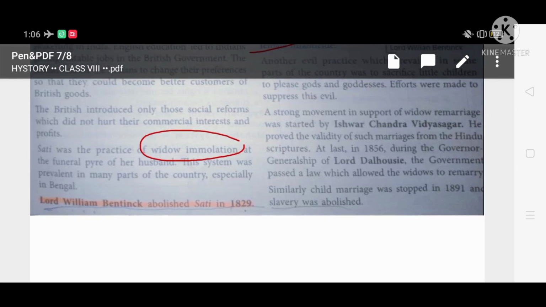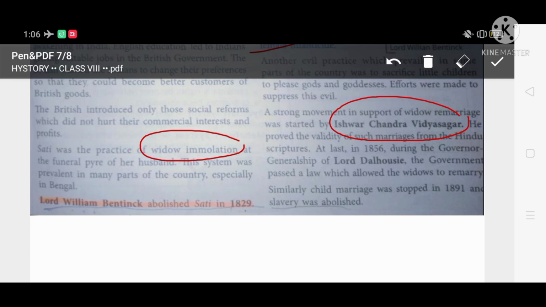A strong movement in support of widow remarriage was started by Ishwar Chandra Vidyasagar. In the chapter called Reform Movement, you will learn that Ishwar Chandra Vidyasagar did a lot for women. For women, he started schools also.